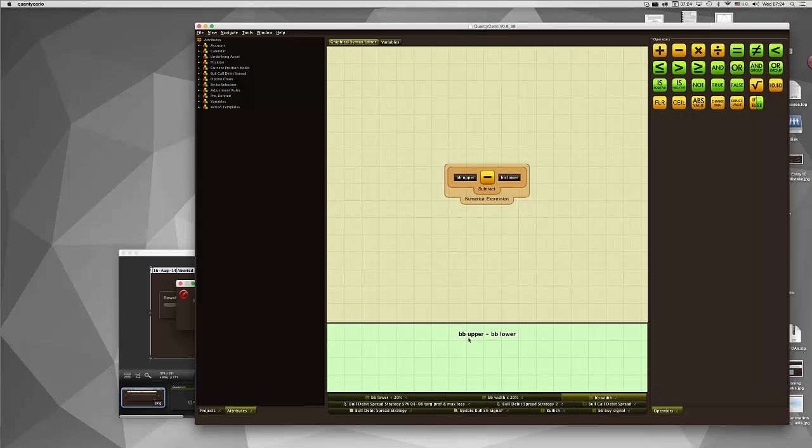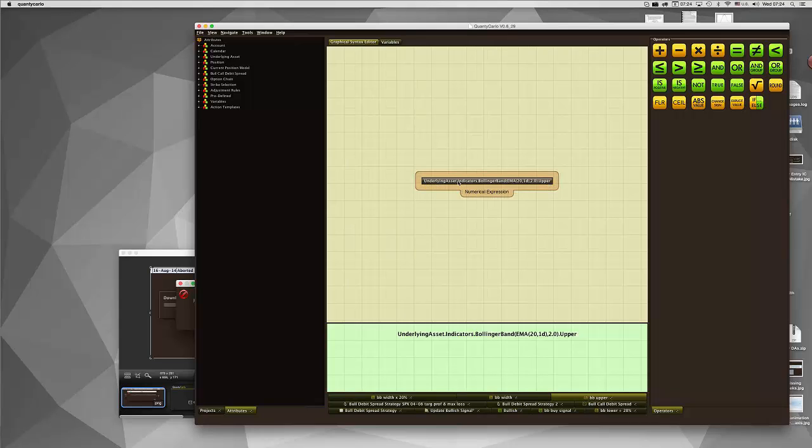And this BB upper and BB lower, these are just convenience wrappers that I put around the longer default expression. You can see that BB upper is very short, which I like. If I open this up, you can see that this is the way it looks normally in QuantyCarlo. It's very long.